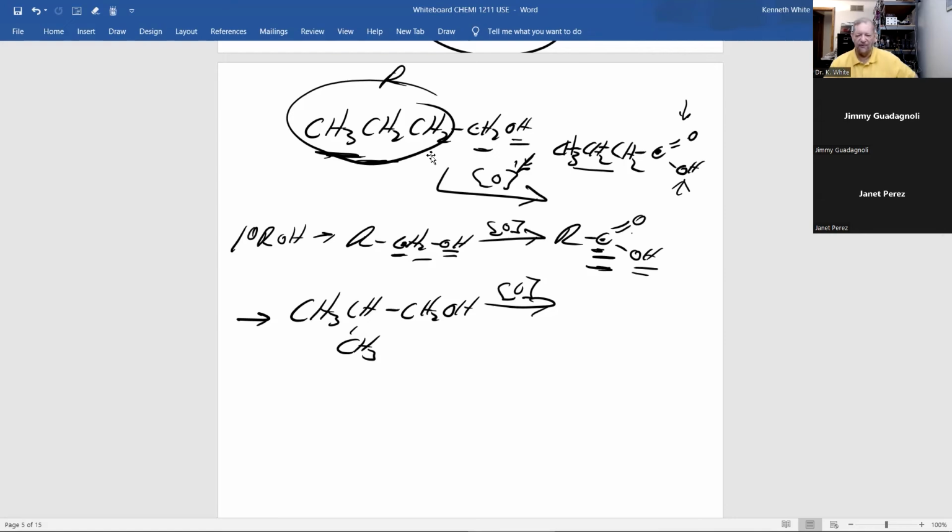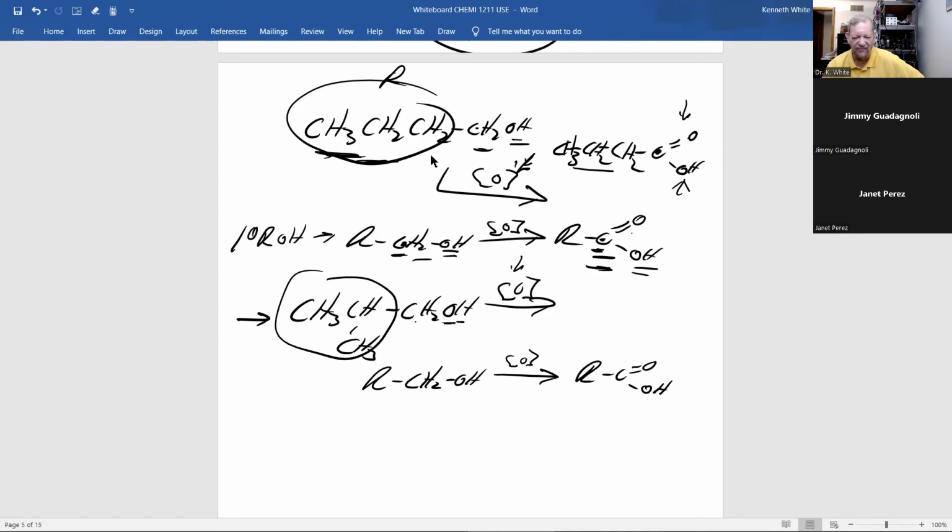All right, let's move forward. We look at this molecule. What's different, what's not carbon, what's not hydrogen? Oxygen with a hydrogen and a carbon, and we're oxidizing it. So this is a primary alcohol. And when you oxidize a primary alcohol, you get a carboxylic acid.